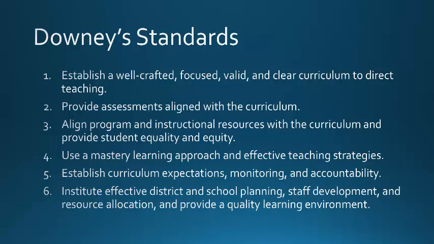So I referenced the book that those first two readings came out of. They were really just the introduction to Downey et al. and their book, 50 Ways to Close the Achievement Gap. And what they do in that textbook is work through these 6 standards in those 50 ways.